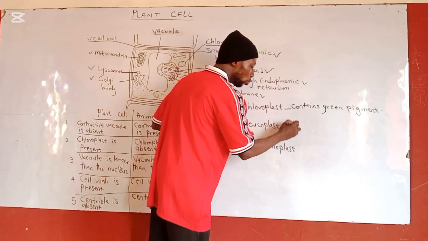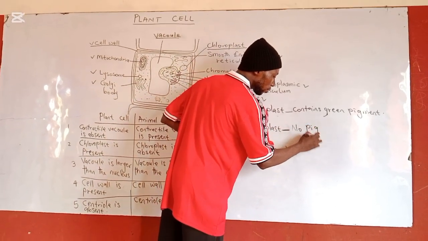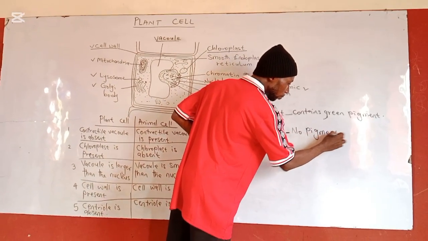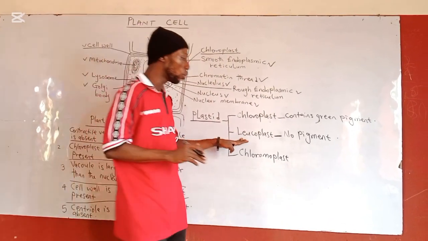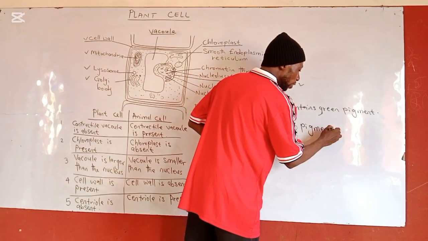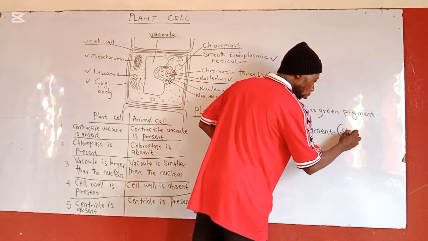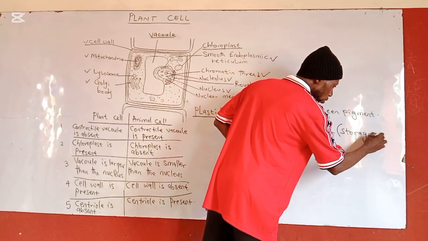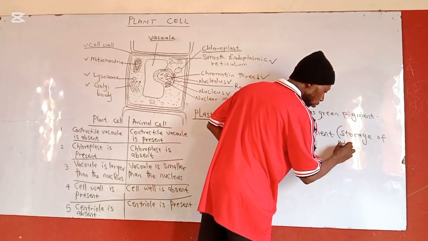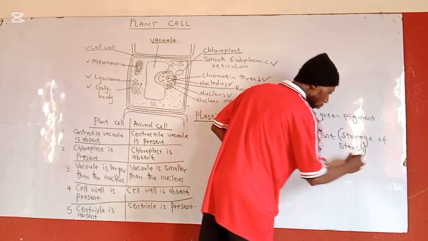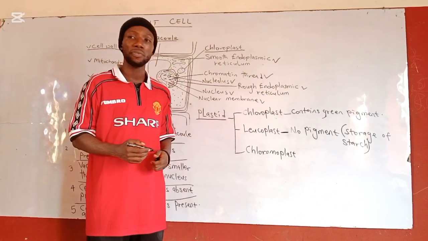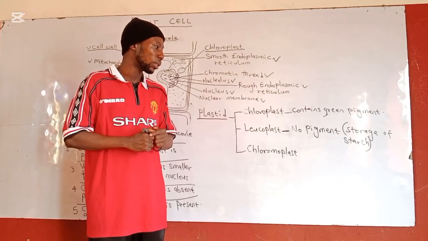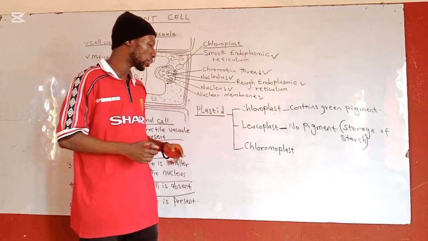Okay, there is no pigment. Okay, the leucoplast has no pigment, but is responsible for the storage of starch and fats. It's responsible for the storage of starch.